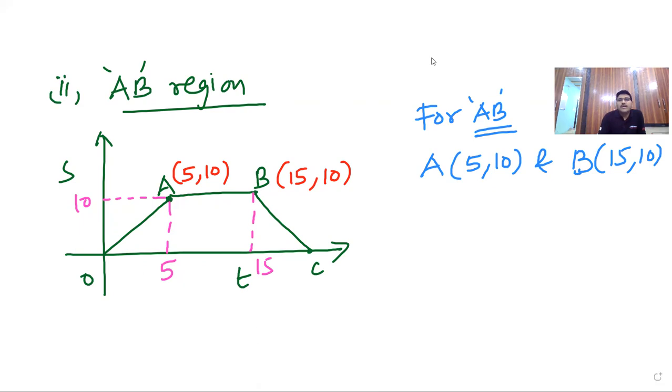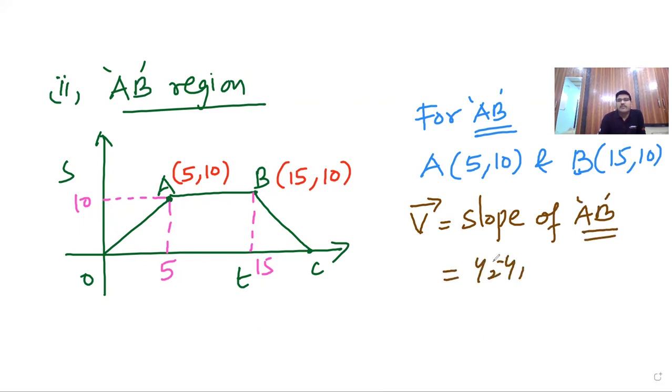Now velocity. V bar is nothing but the slope of the AB line, displacement time graph. So that is y2 minus y1 by x2 minus x1.